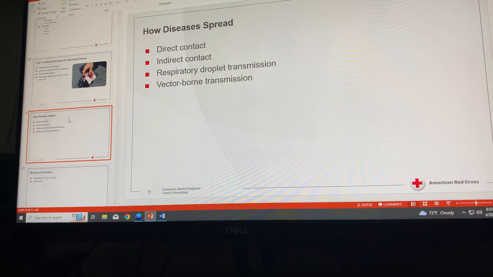For example, direct contact transmission can occur through infected blood splashing in the eye or from directly touching the OPIM of an infected person. The infected blood or OPIM then enters the body through a correct entry site.